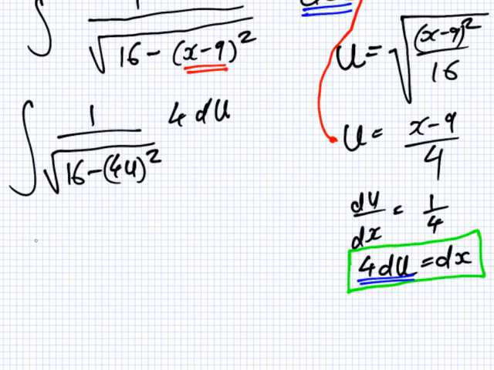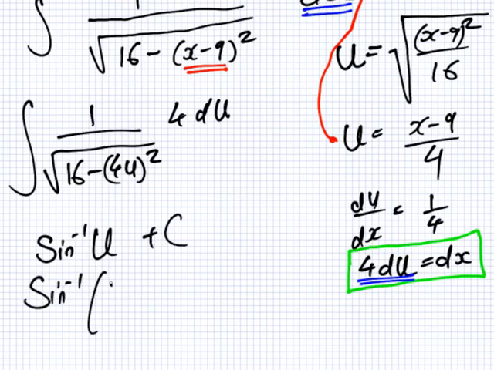So I can jump straight to knowing that the answer is sine inverse u plus c. So that's sine inverse of x minus 9 over 4 plus c. Not the same answer, but the same last few steps.